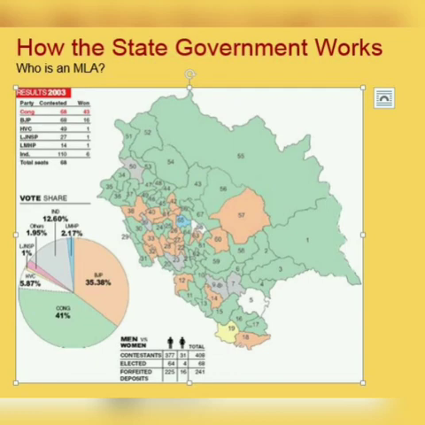The chief minister then selects other people as ministers. After the elections, it is the governor of the state who appoints the chief minister and other ministers. The chief minister and other ministers have the responsibility of running various government departments or ministries.